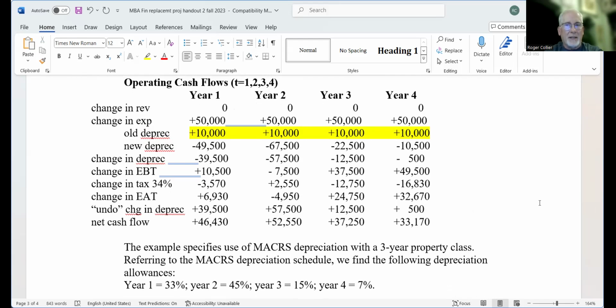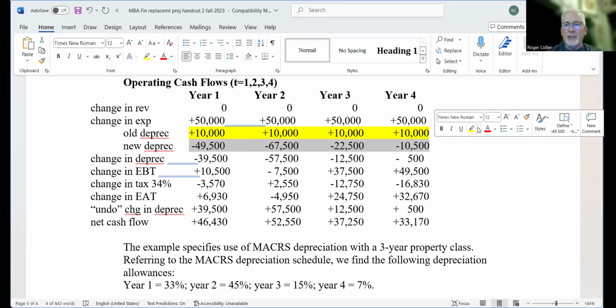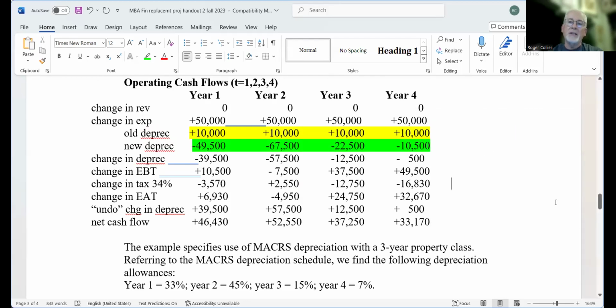That stops that depreciation. That's a saving. That's a decrease in an expense. So we add it. But of course, at the same time, we replace the machine, and therefore we replace the depreciation with the depreciation of the new machine we're bringing on board.